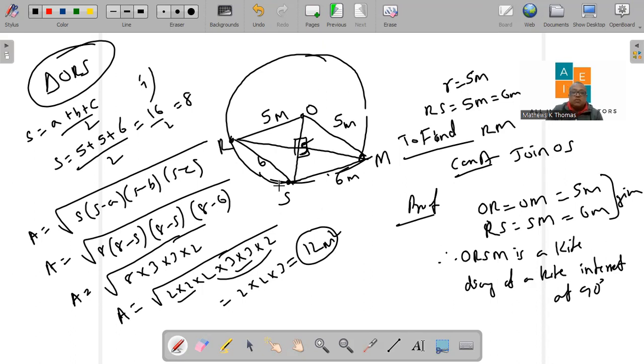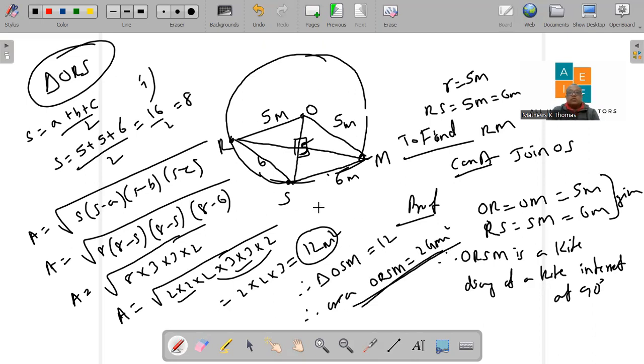Now, if the area of triangle ORS is 12, the area of triangle OSM will also be 12, and therefore, if these two are 12 each, area of the full figure ORSM will be 24 meters square.